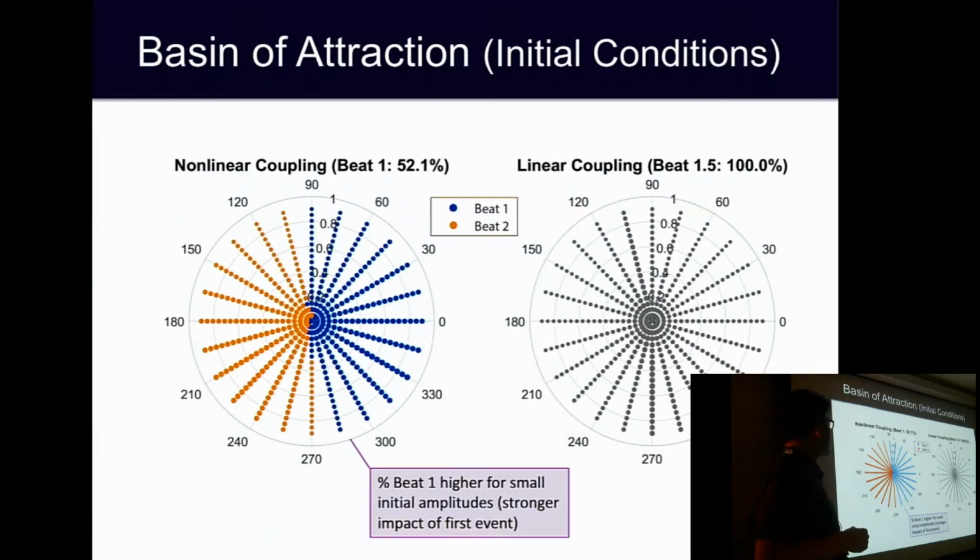This is because the oscillators with small initial amplitude are impacted by the first event more. So with small initial amplitude, it's more probable for oscillators to be drawn to bit 1, which is part of the first onset event, which is part of the bit 1 interpretation.